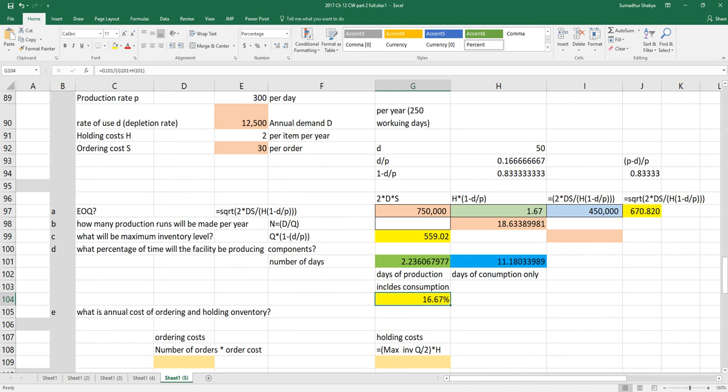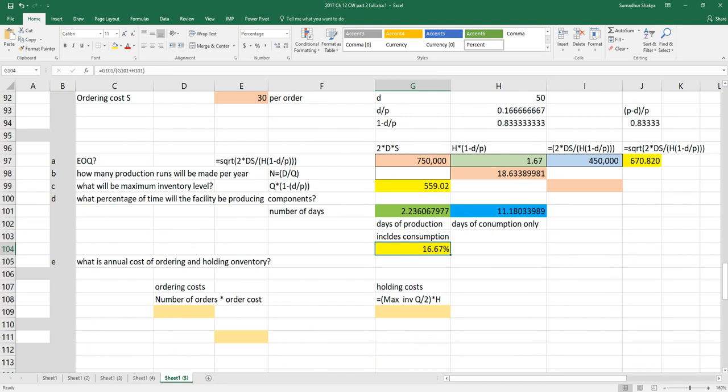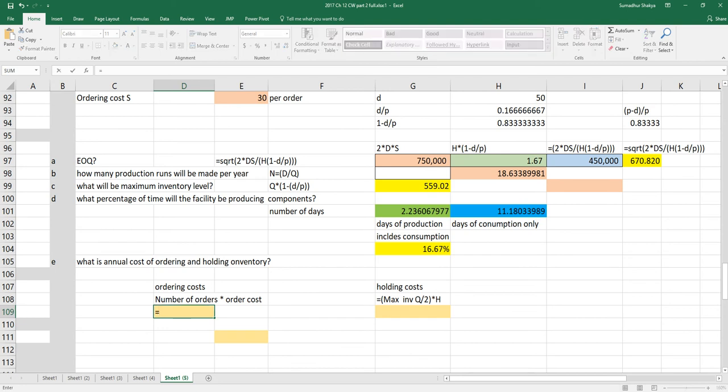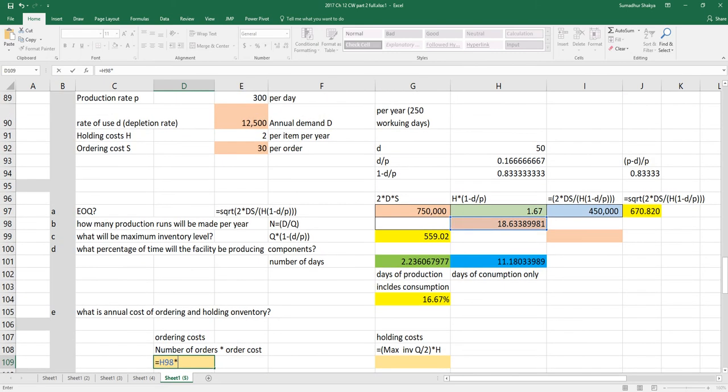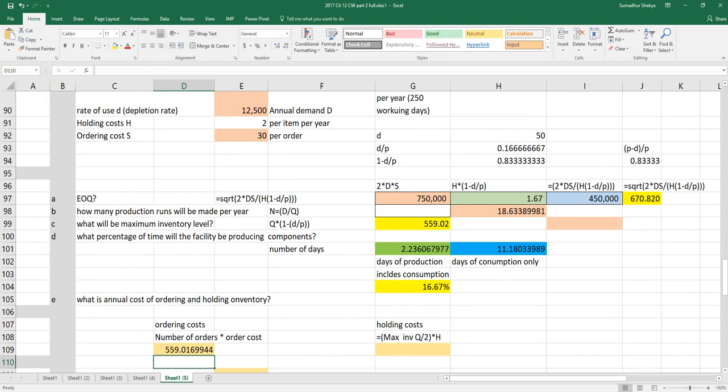Now the next thing is, what is the cost of ordering and holding the inventory? The cost of ordering would be the number of orders times the ordering cost. The number of orders we've already calculated, 18.63, times the ordering cost. Remember, since we are still using the EOQ model, our holding cost should come out to be the same as the ordering cost, just as a cross check.